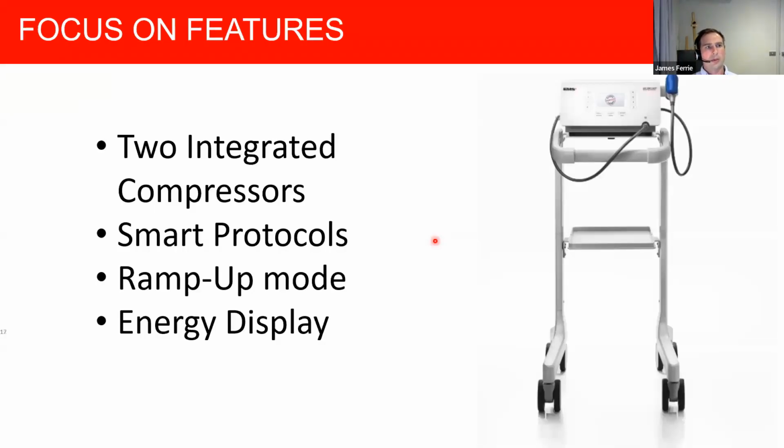With the new device, one of the differences has always been that EMS's devices have had an external compressor, where a lot of the other shockwave devices you'll see are just the standard unit, and they use an internal compressor inside.